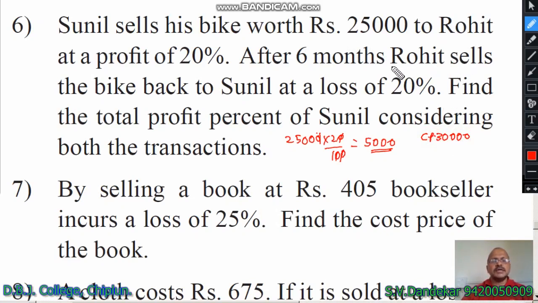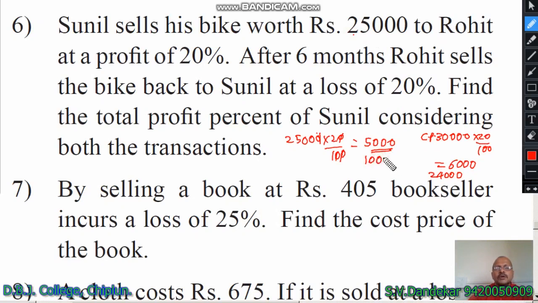Now Rohit sells back at the loss of 20%. So 30,000 into 20 by 100, it is 6,000. So Rohit sells the bike at 30,000 minus 6,000, that is 24,000 rupees. Now here he has lost 6,000 rupees, but Sunil has the 25,000 rupees bike and 6,000 in profit.